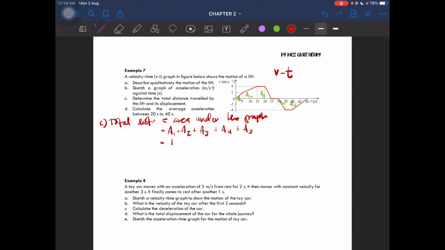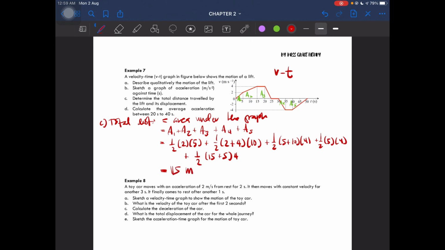So let me just write je lah juga. 2 times 5 plus 1 over 2 trapezium punya, 2 plus 4, then 10 plus half, 5 plus 10, 4 plus half, 5, 4 plus lagi last half, 15 plus 5, 4. Then you'll get the total distance to be 115 meter.